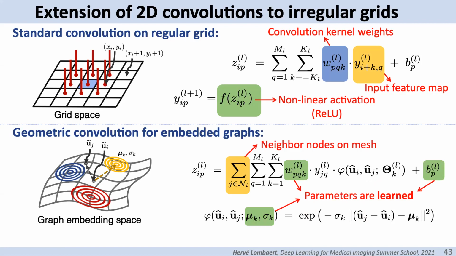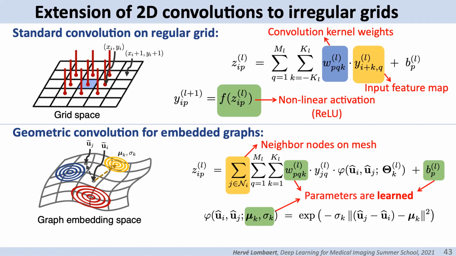Here the kernel would be 5. And what we would learn, instead of the kernel weights in the image case, is the center and the Gaussian covariance matrices on the surface here.